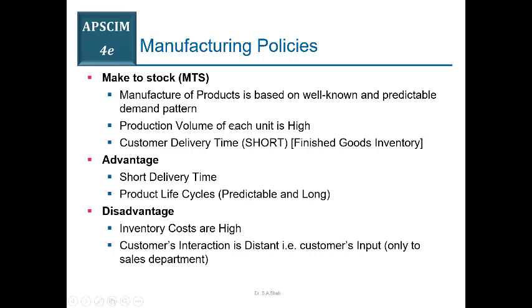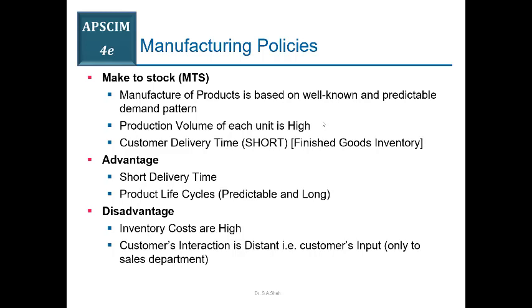The production volume of each unit is very high. It can also be adopted by batch setup. In batch type of production also, the make to stock philosophy, or production to stock as you call it, is adopted, because these types of products also depend on the previous trends of the market, that previous trends or graphs were like that.